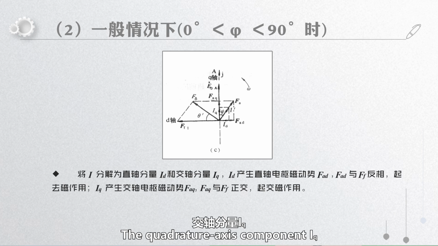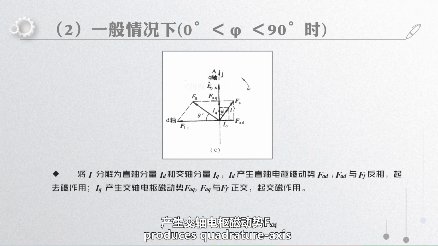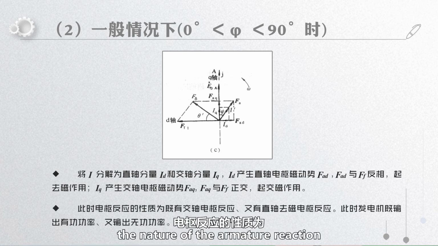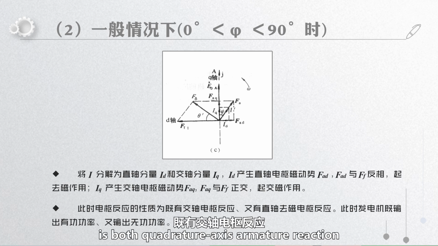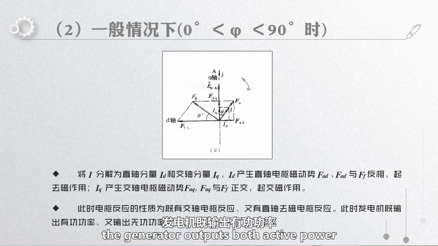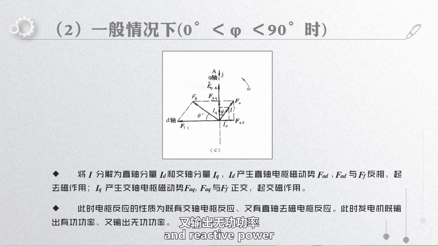The quadrature axis component IQ produces quadrature axis armature magnetomotive force, FAQ, which has a magnetizing effect. At this time, the nature of the armature reaction is both quadrature axis armature reaction and direct axis demagnetizing armature reaction. At this time, the generator outputs both active power and reactive power.